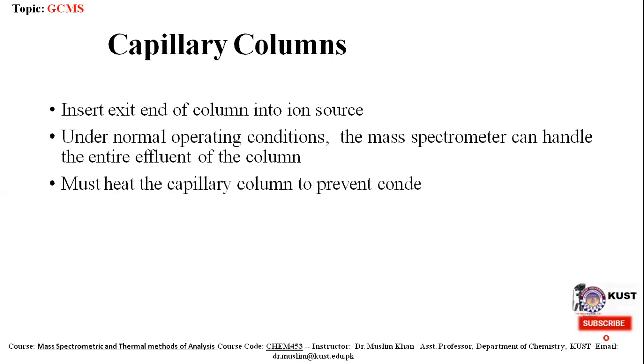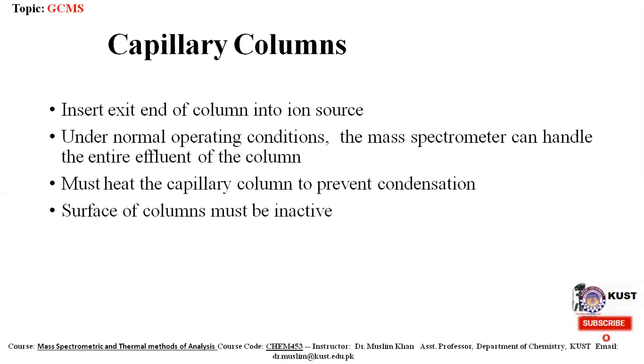You must heat the capillary column to prevent condensation. For that purpose, the capillary column is set in a thermostat oven, where you can control the temperature. You already know how the GC system works from my previous lecture. The surface of the column must be inactive. It must interact, but it must not react with the components, so that a chemical reaction does not take place.